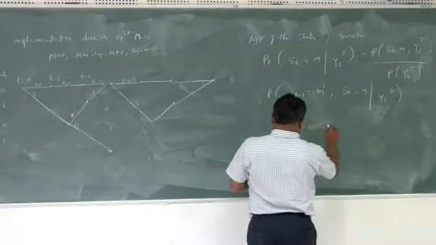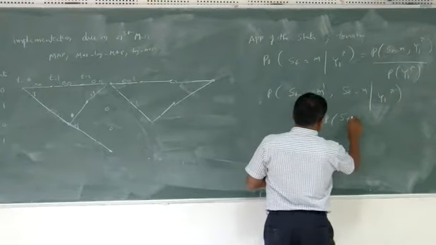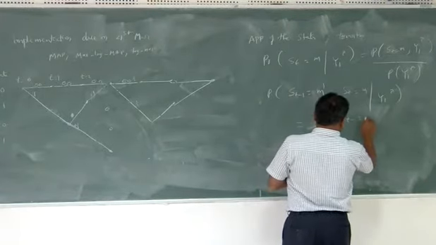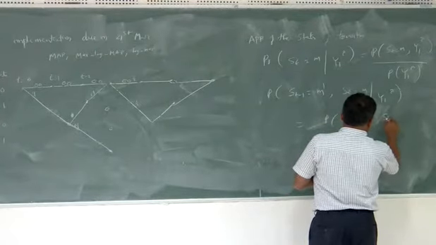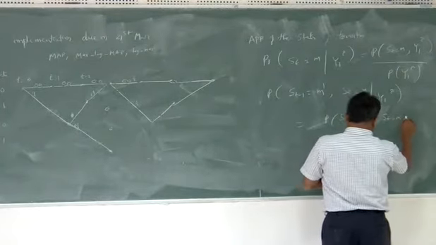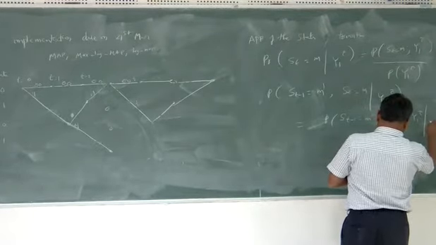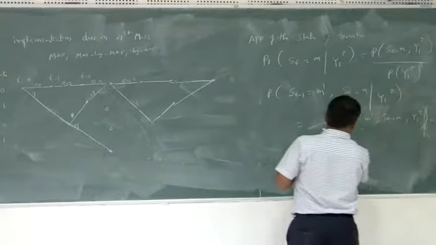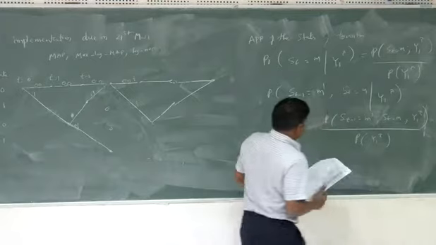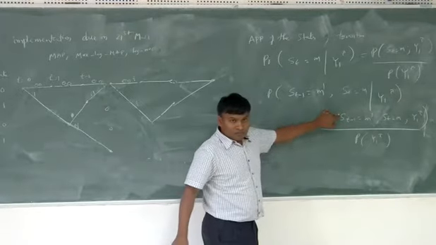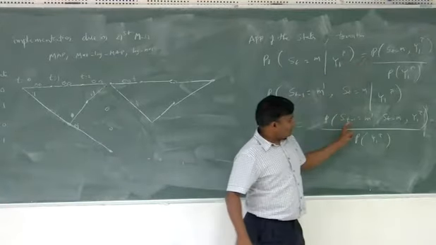And again, this can be written as the joint probability divided by the probability of y_1 to tau. Now we will find an algorithm to calculate this and this.